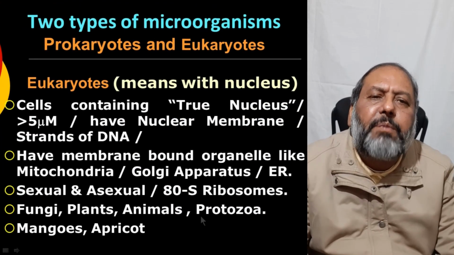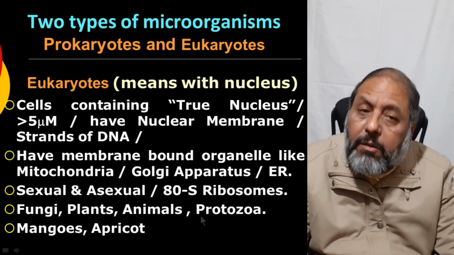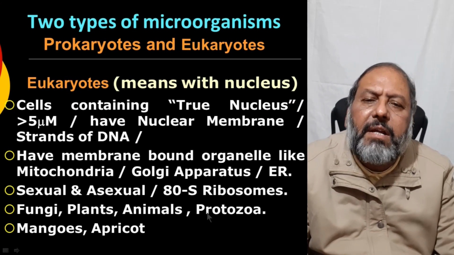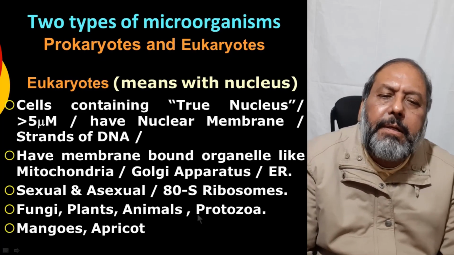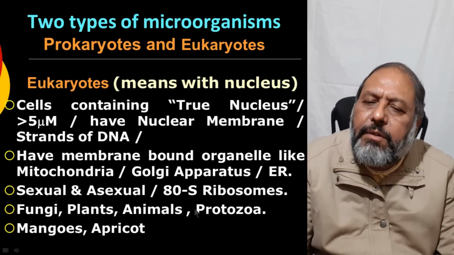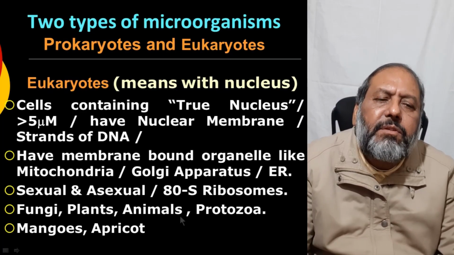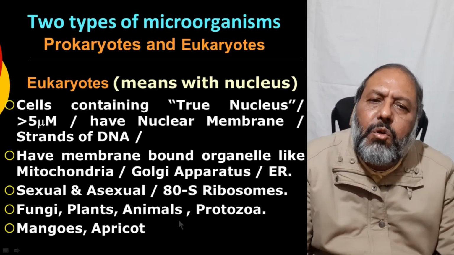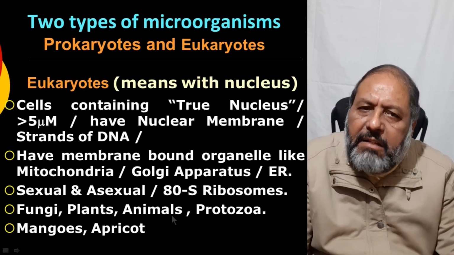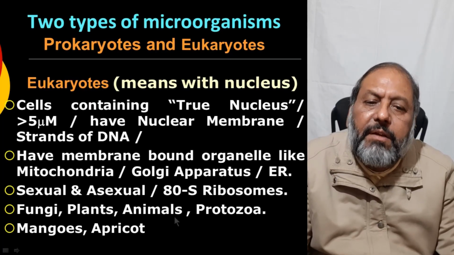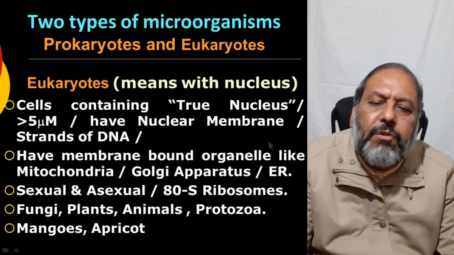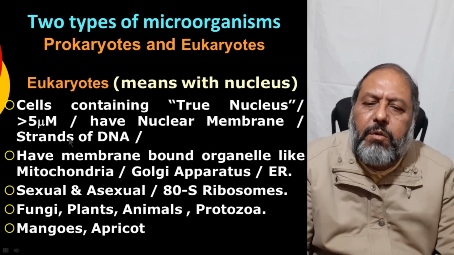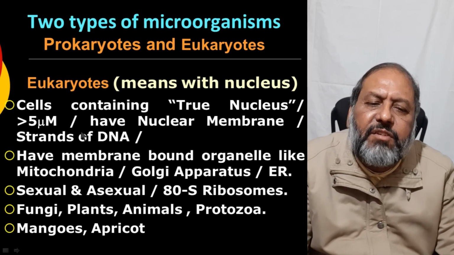There are two types of microorganisms. One is prokaryotes and the other is eukaryotes. As the name eukaryote means, it is with a nucleus. So these are the cells, the microbes, which have a nucleus. These cells contain a true nucleus, which is about 5 micrometers in size.